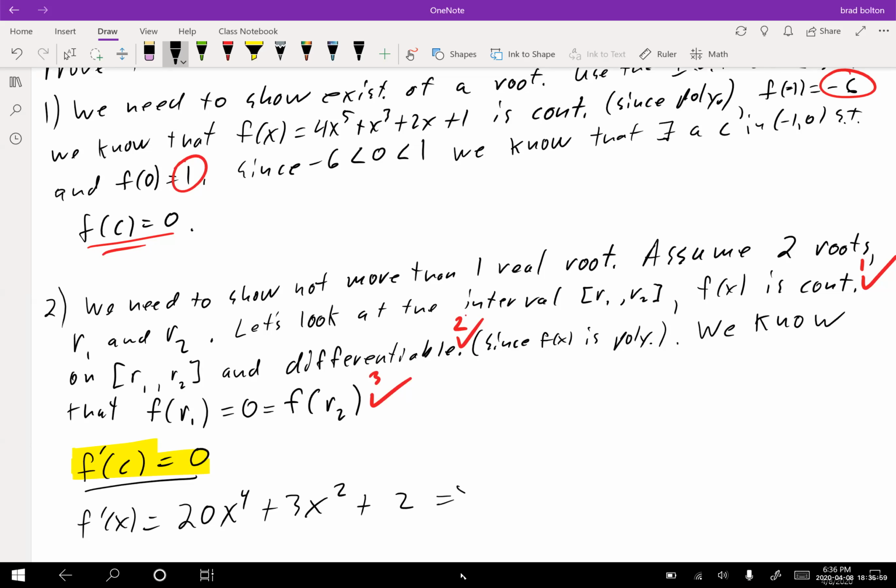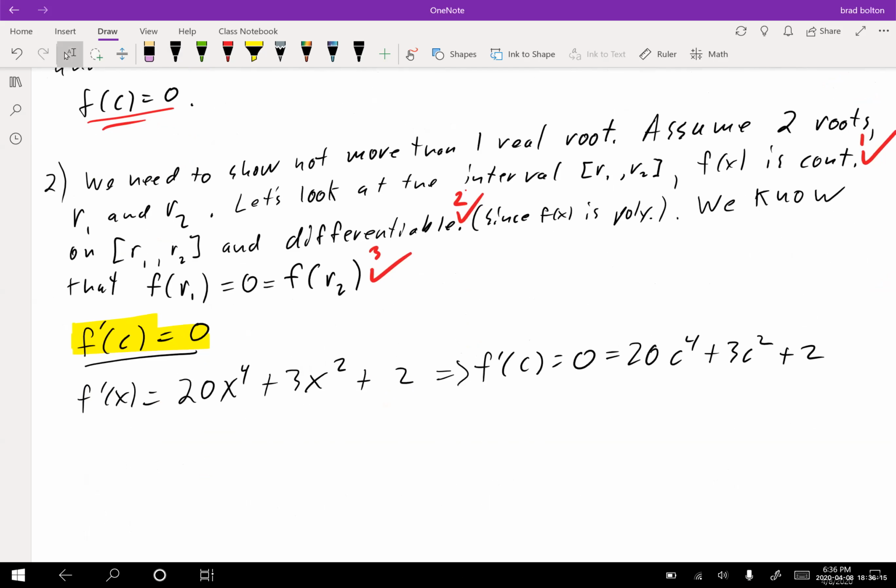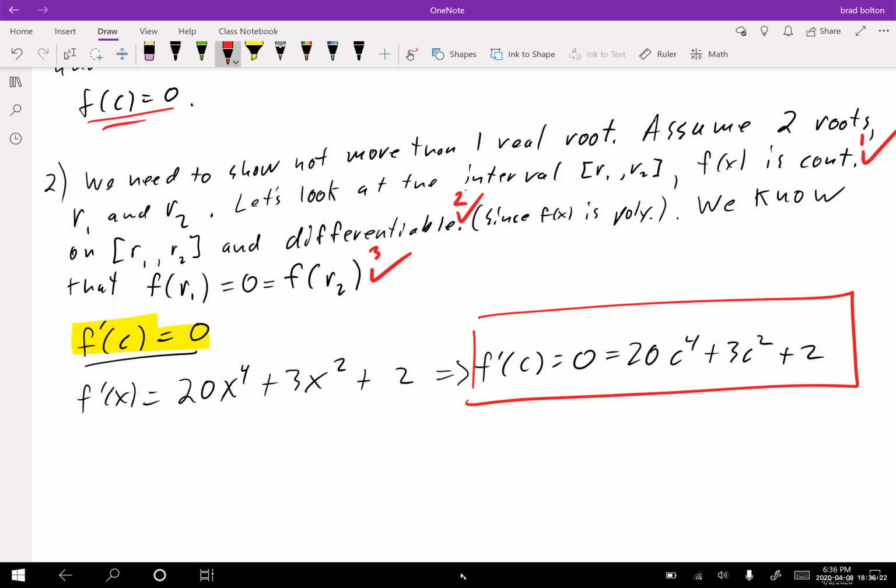And then we know that f prime of c equals 0 equals 20c to the 4th plus 3c squared plus 2. Okay, now do you notice a problem here? So you could try to solve this. Let's try to solve this equation right here.